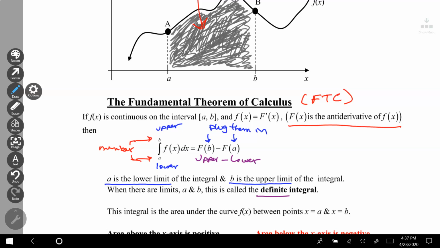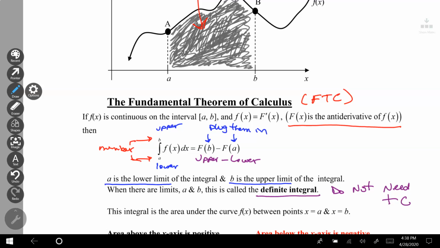This is called the definite integral, because when I do the antiderivative here, I do not need a plus c. Those were called indefinite integrals, or general antiderivatives. These are specific. These are not general.